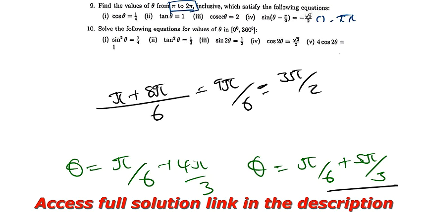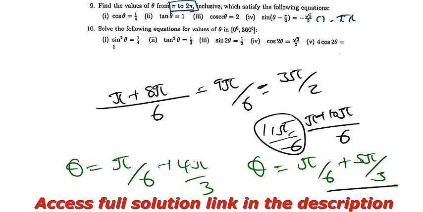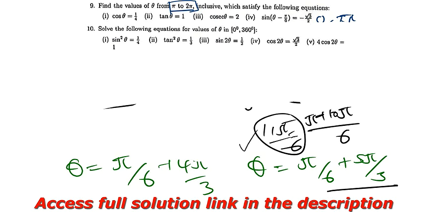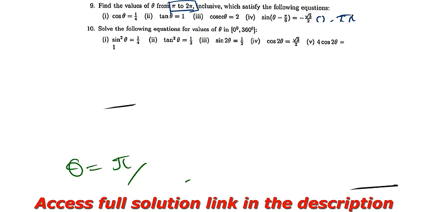This side 6 pi, 10 pi, 11 pi over 6. These are the two possible answers. Now the question is, are they between pi and 2 pi? 3 pi over 2 of course is, so is that. Okay, we're good. That was question 9.